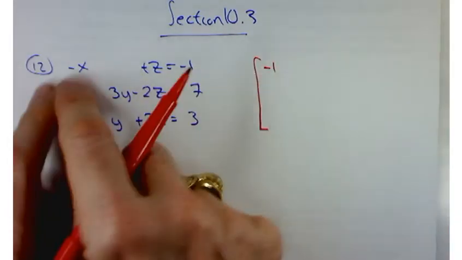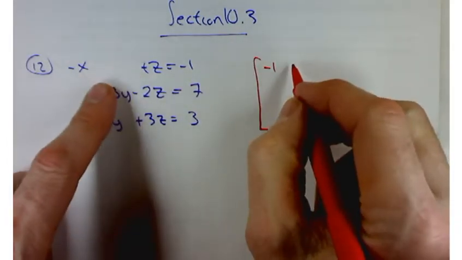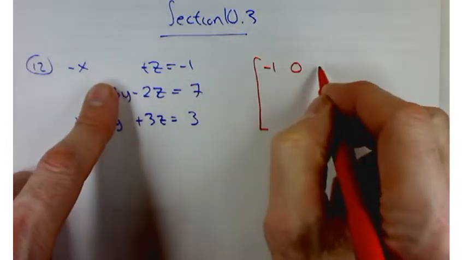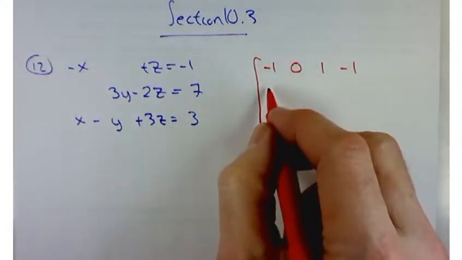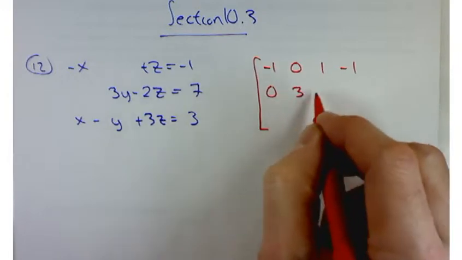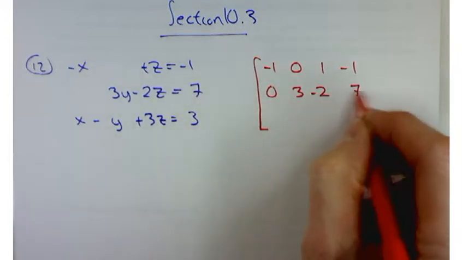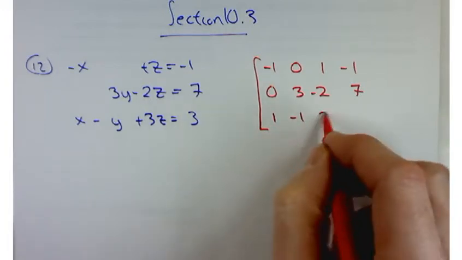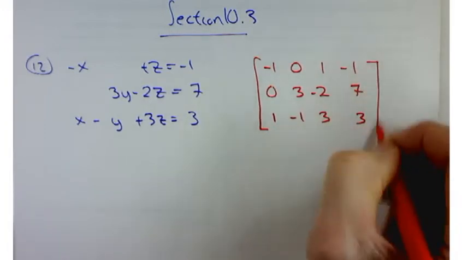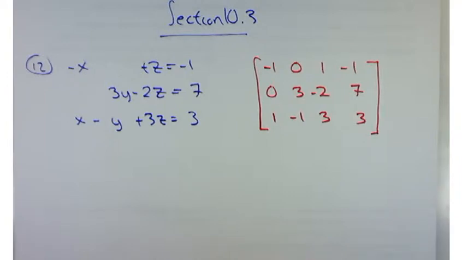So for the first equation, it'd be negative 1, 0, 1, negative 1. In the second equation, 0, 3, negative 2, and 7. And finally, 1, negative 1, 3, and 3. So something like that.